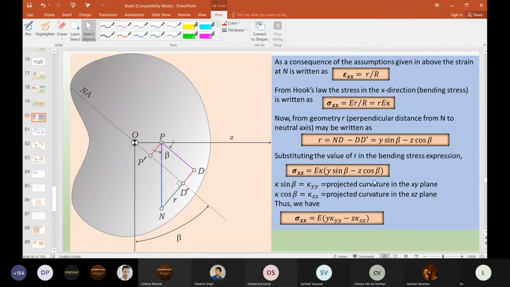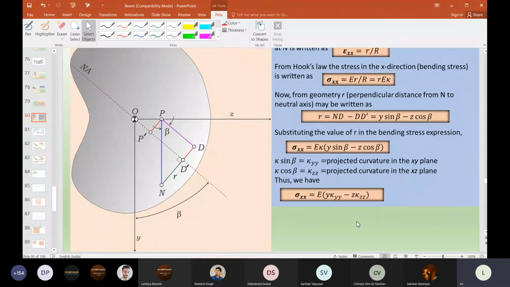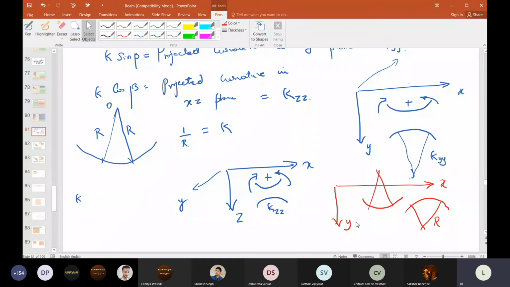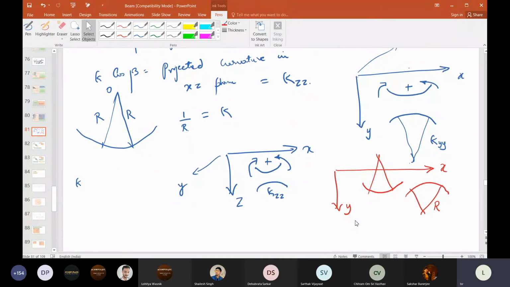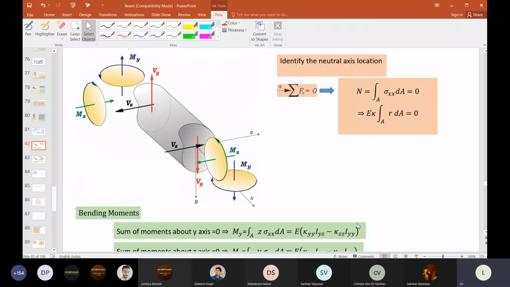So this is what they call the projected curvature in the xz plane. y has come, so y was the original coordinate. Now let us say the integral of sigma xx dA, that is E kappa r dA.